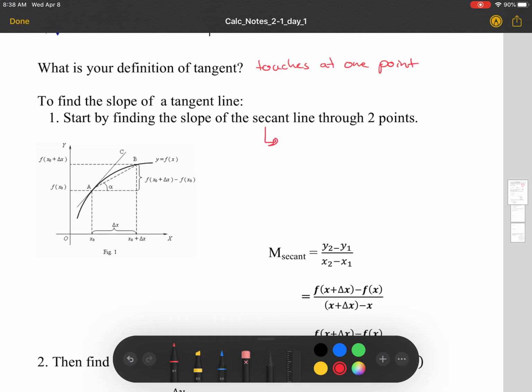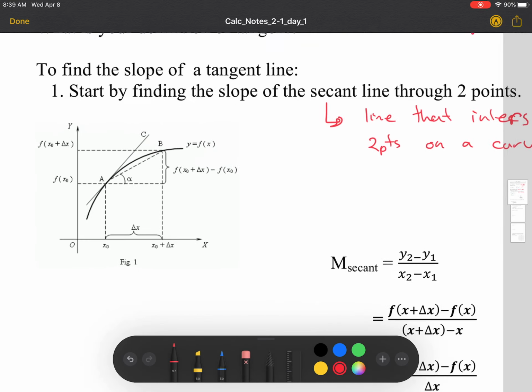All right, so what we're talking about with a secant is a line that intersects 2 points on a curve. So instead of intersecting at one point, we're intersecting 2 points on this curve.